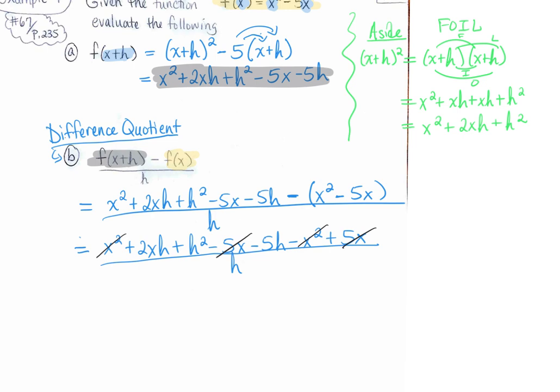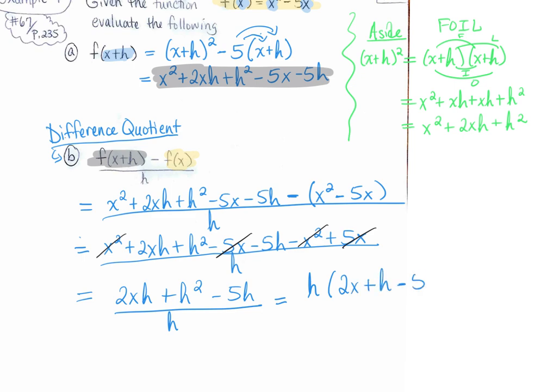But I think you may be onto something if you look at what's left in the numerator. So let's rewrite our numerator. So we get 2xh plus h squared minus 5h, all over h. These all have what in common? h, right? So in our numerator, we're going to factor out an h. That leaves us with 2x plus h minus 5, all of this over h.